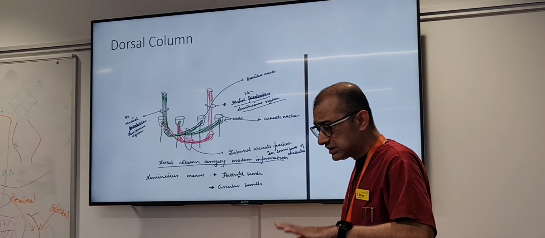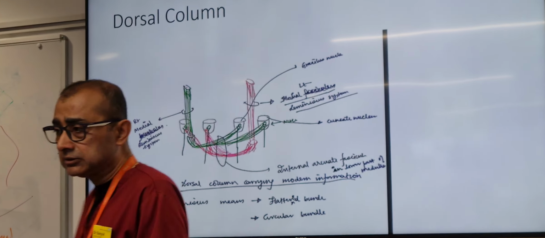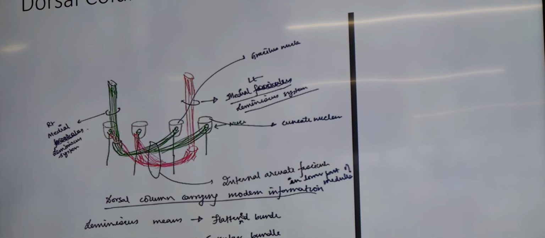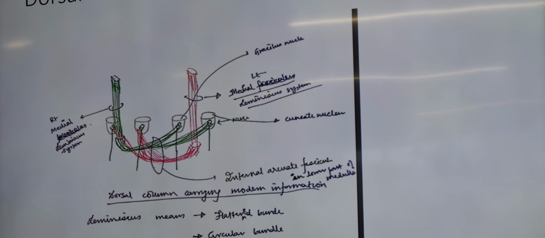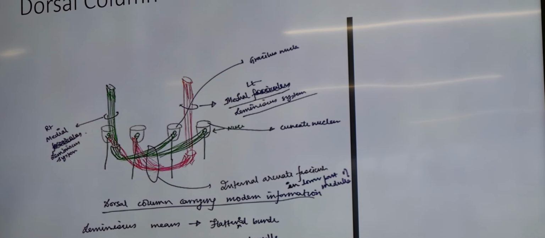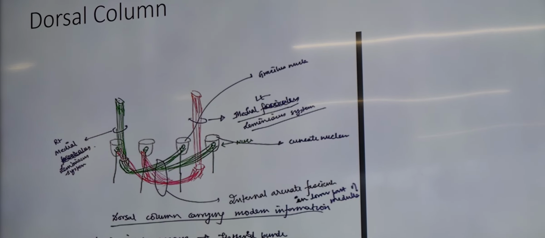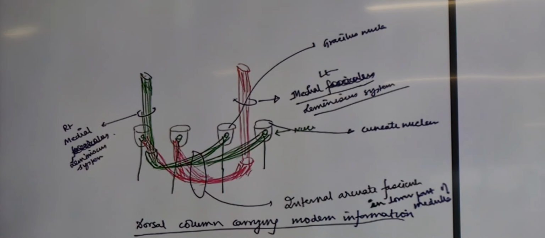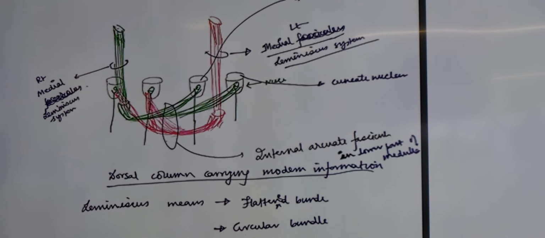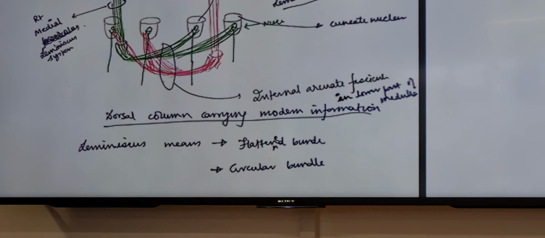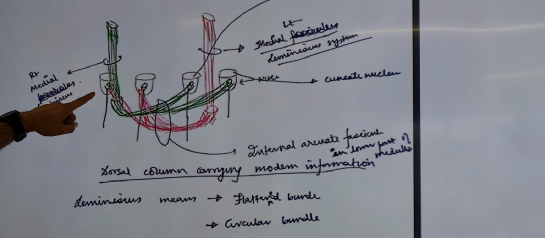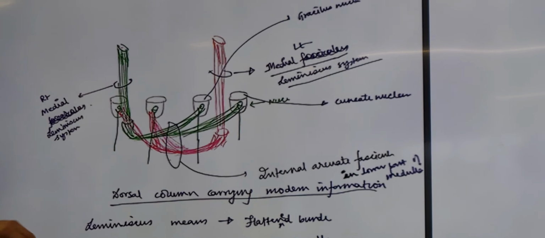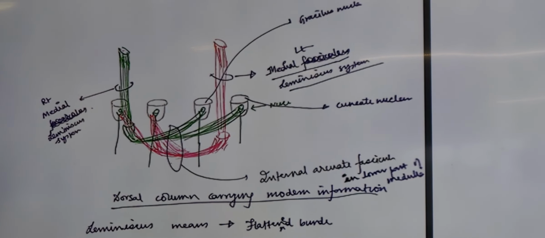So remember, the dorsal column fibers enter the spinal cord. They do not relay. They go up. And where is their first relay? Unlike the spinothalamic, they don't relay, so they go up at the same level, without crossing, and they relay in the lower part of the medulla.